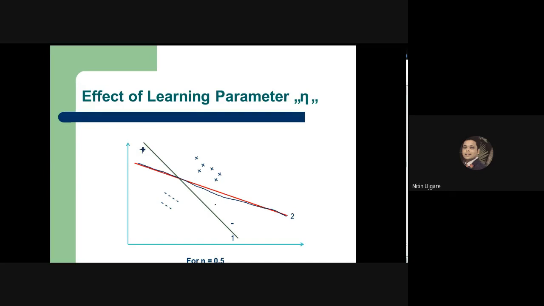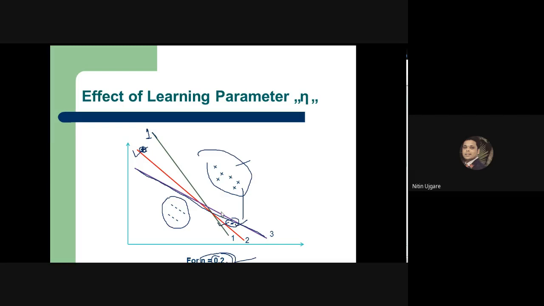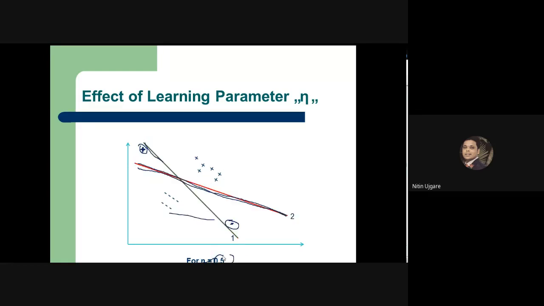So at the first iteration, when we encounter that this point is misclassified by this green color line, this first decision boundary, we update our weight vector by keeping the value of eta at 0.5, and what we get is the second decision boundary, and this second decision boundary will perfectly classify this newly introduced instance to the negative class. In the earlier case, we drew three different decision boundaries with this lower learning parameter rate, and with the higher learning parameter rate we have got only two decision boundaries.